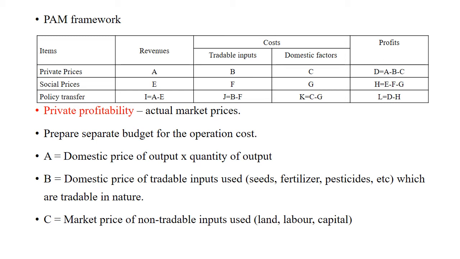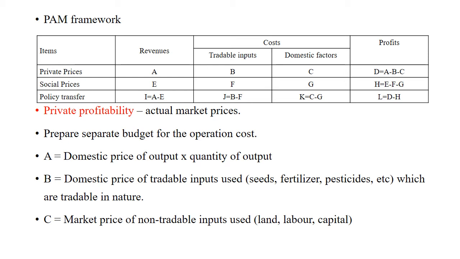So first we have to prepare a budget, that is the schedule of operation costs for production of a unit. For example, if you are making a PAM for paddy, let's take it per hectare or per quintal, whichever preference you choose.